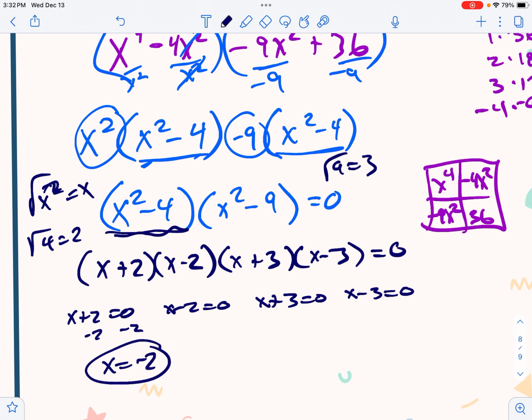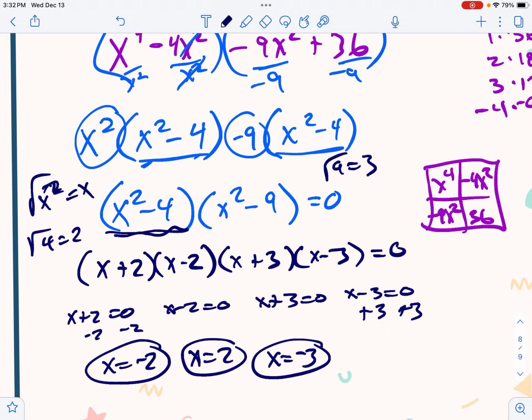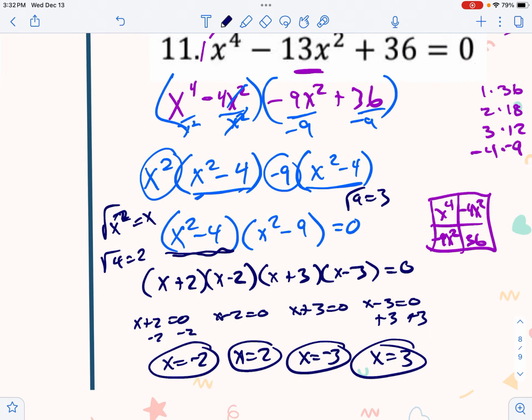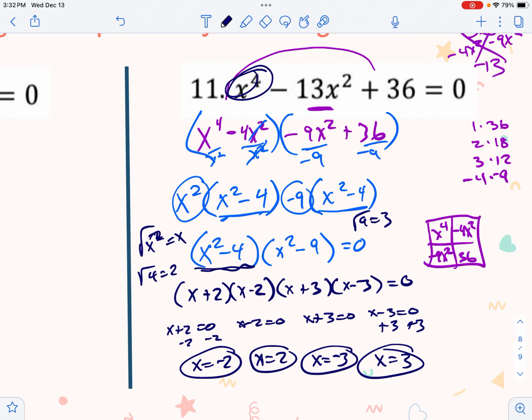Here I'd add 2 to both sides, so x equals 2. Here I'd subtract 3, so x equals negative 3. And here I would add 3, so x equals 3. So there's my 4 answers, and I should have 4 answers because it's x to the 4th.